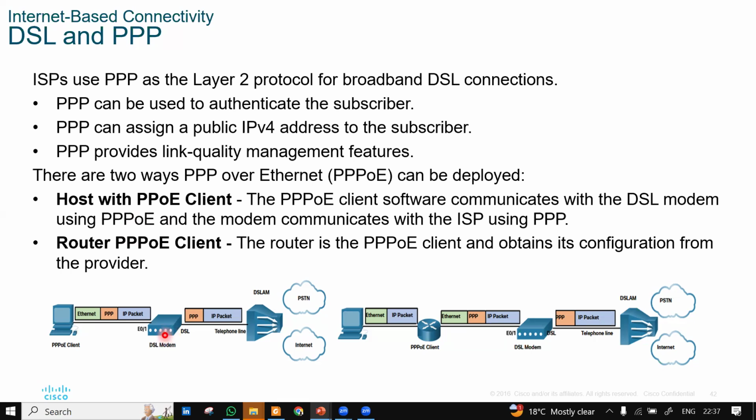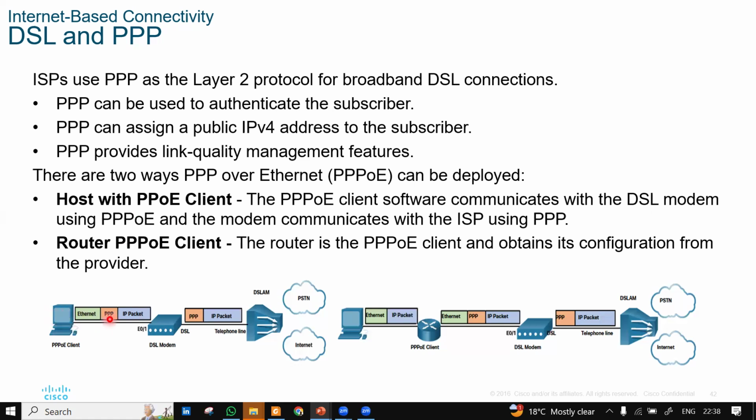And authentication and authorization happens directly on the client's computer. So there is a software that is used. You have a software installed on your computer, which allows you to directly authenticate yourself as a customer, as a subscriber.